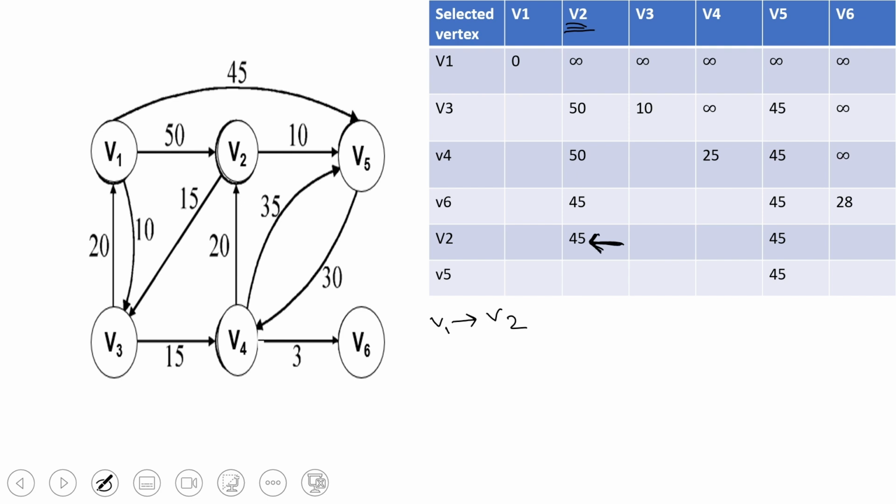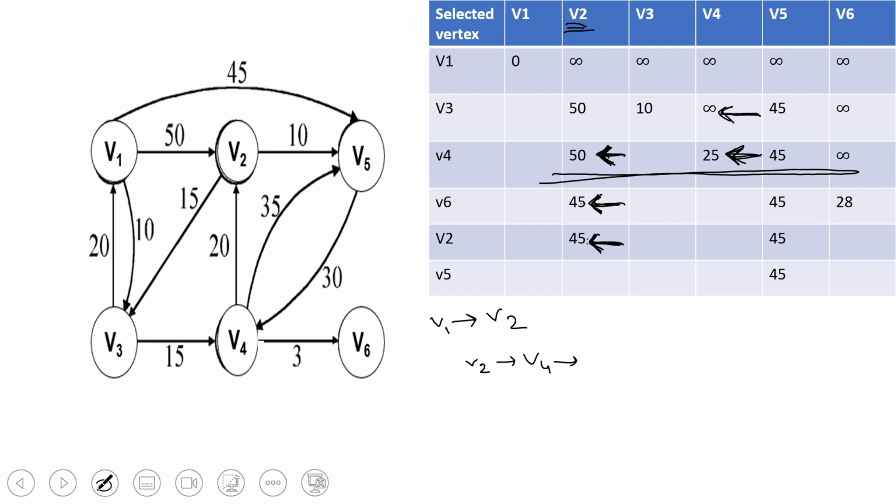Then just move up if it is the same value, and if it is a different value, search for the minimum value in that particular row. So let's move up. Is it the same value as before? Yes, 45, right? Again move up. Is it the same value? No. Is it the same value? No. So search for the minimum value in this row. What is the minimum value? It's V4, right? So we'll write here V4.